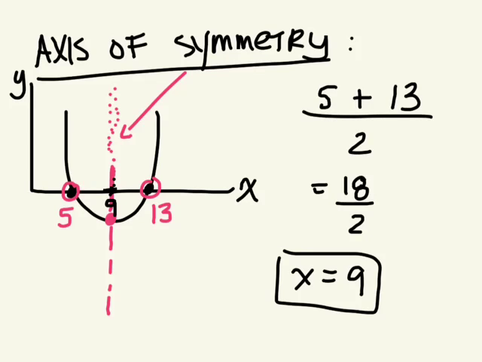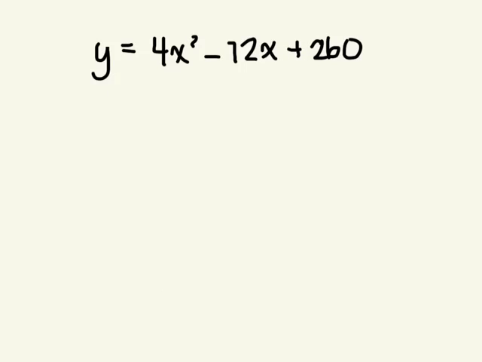Okay, so as we just discussed, the axis of symmetry goes right through the vertex. So right now you know that the vertex is located at 9 and something. Do you know how low it goes? Do we know what the y value of the vertex is? No. We know the x value of the vertex, right? The axis of symmetry is the x value of the vertex. Well, if you look back at the original question, the question gave us an equation of the parabola. We know that this equation represents the graph that I was just sketching.